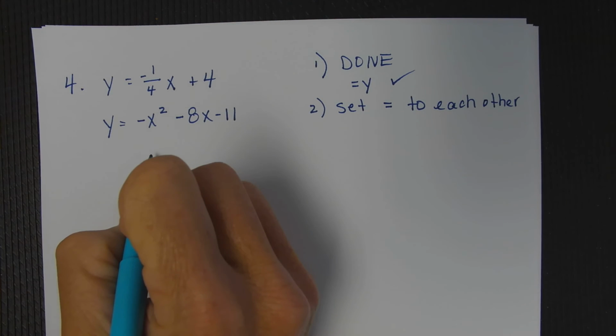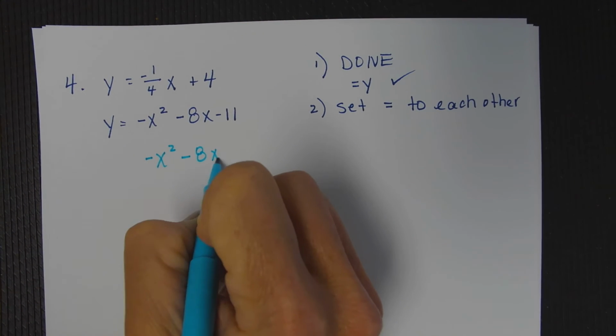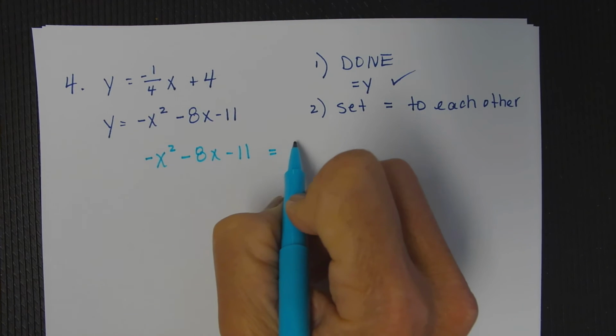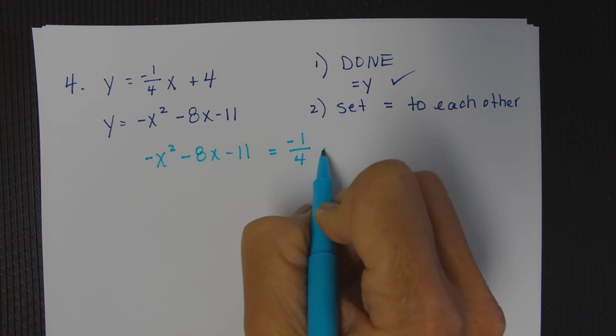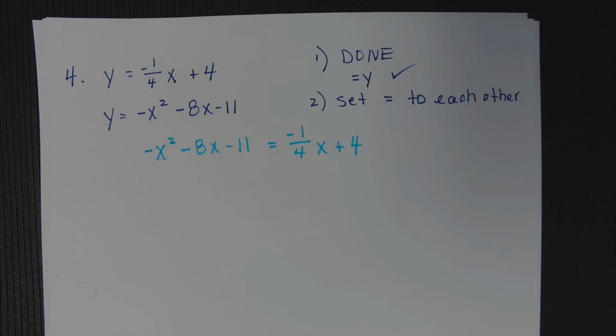So let's do that now. Negative x squared minus 8x minus 11 equals negative 1/4 x plus 4. So far, nothing's changed. I'm going to get this set up to help you get rid of the fraction, and then I'll let you go.